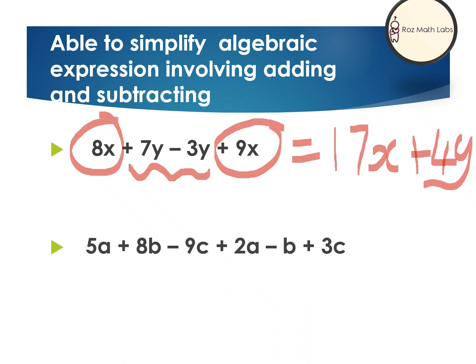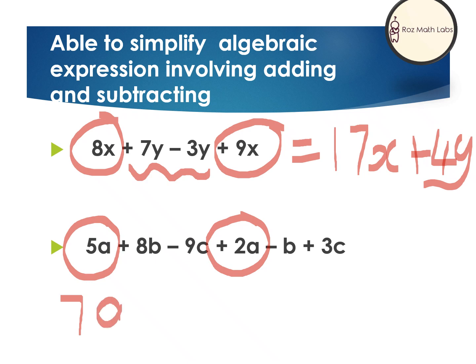The next example, we have three types of terms, a, b and c. So let us take the terms having the variable a, 5a plus 2a. So we get the answer as 7a. 8b minus 1b. When there is no coefficient, it means it is 1.